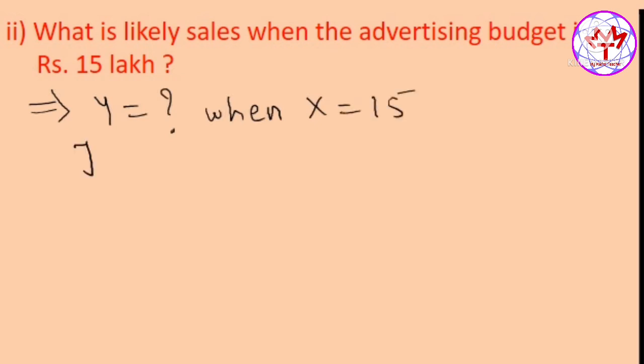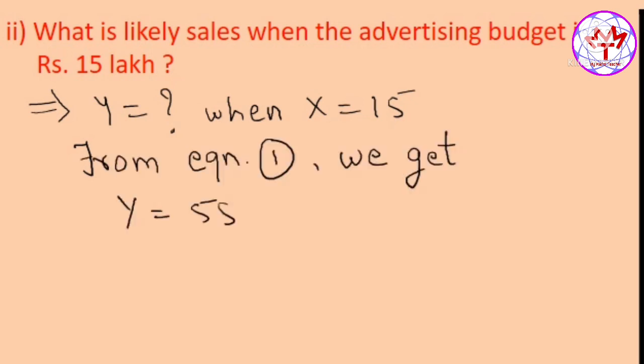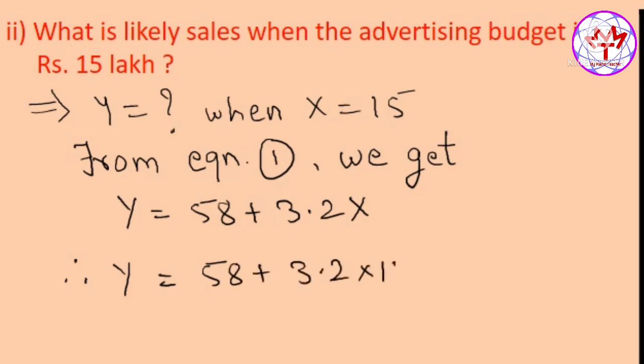So from equation 1 we get y is equal to 58 plus 3.2x. This is your equation of regression of y on x. So now let us substitute the value of x. So we get y is equal to 58 plus 3.2 into 15.